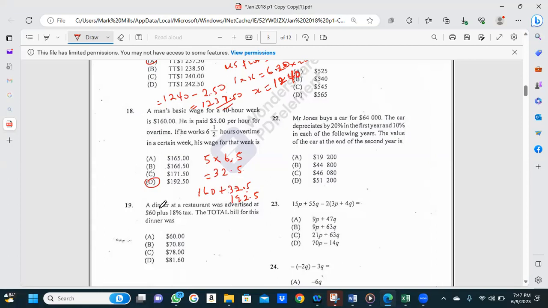Now, okay. Number 19. A dinner at a restaurant was advertised for $60 plus tax, 18% tax. What will the bill be? So here it will be 18 over 100 times 60.